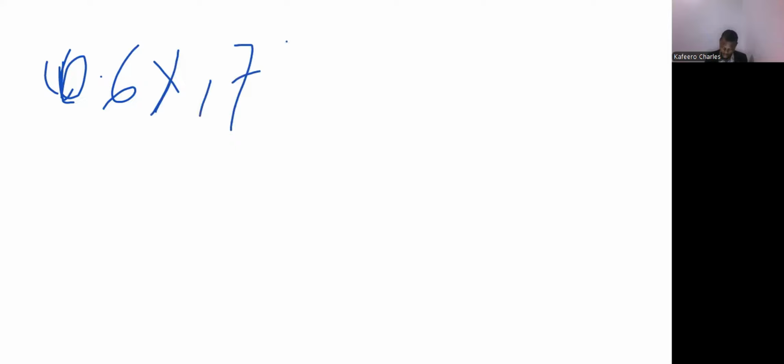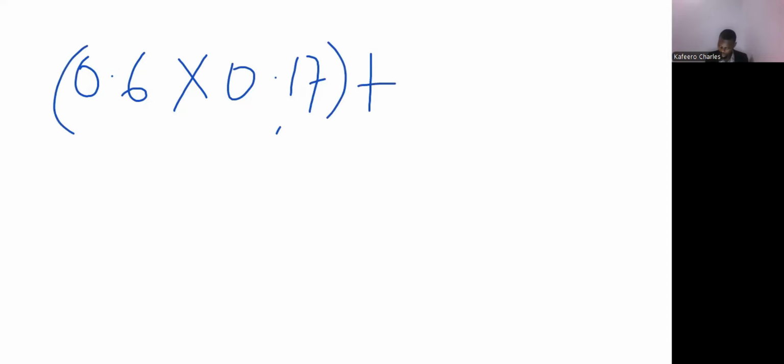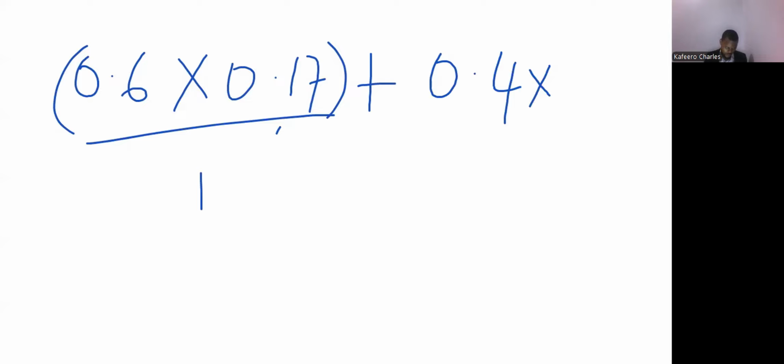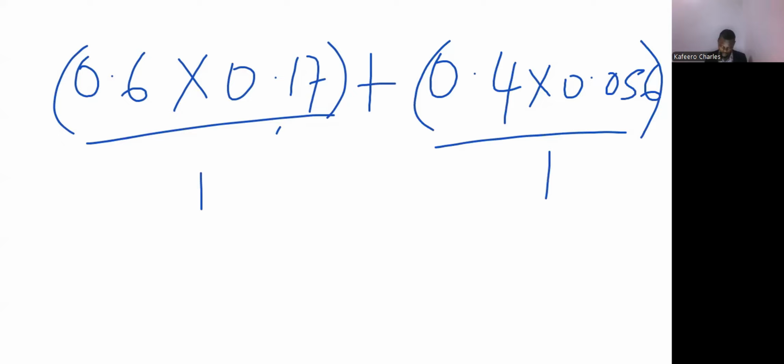Here we can remove the percentages so that we maintain decimals. 0.6 times 0.17 plus, because this is over 1, plus 0.4 times, this one is 0.8 times 0.7, which is giving us 0.056.